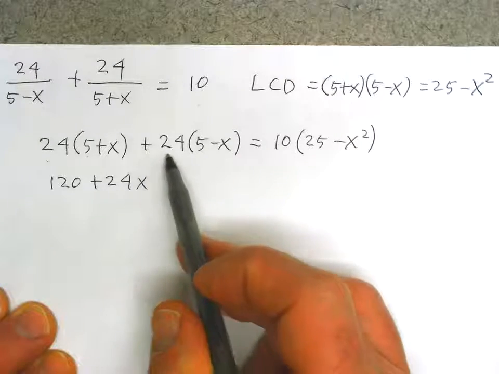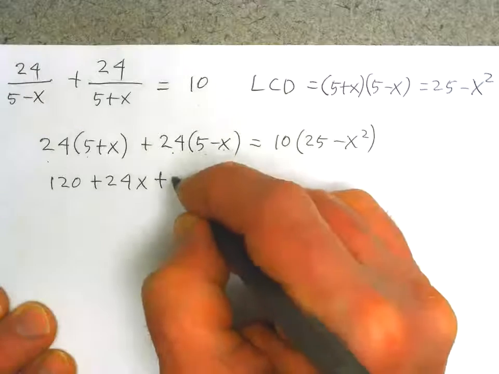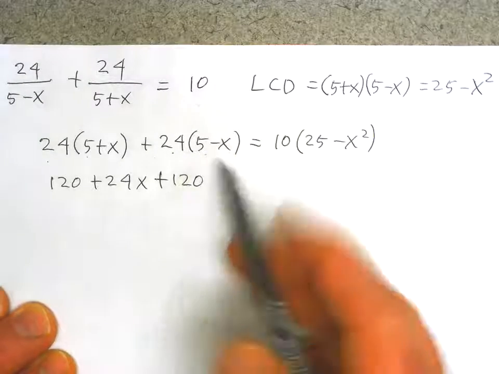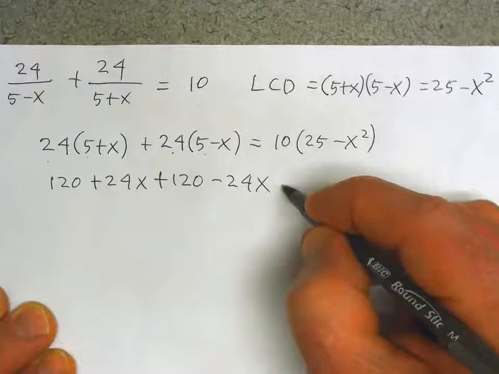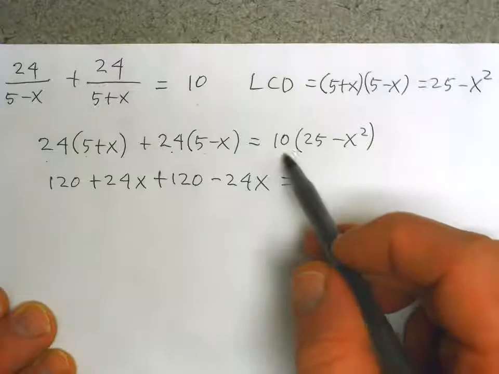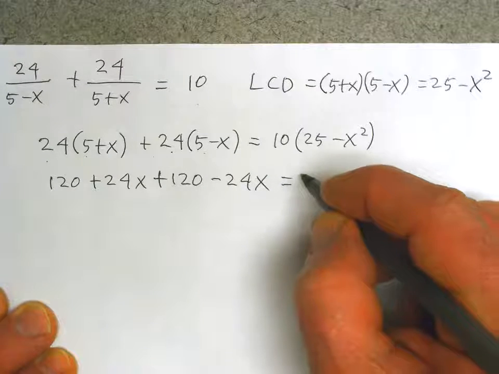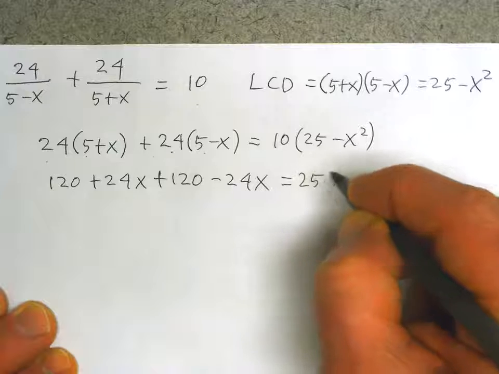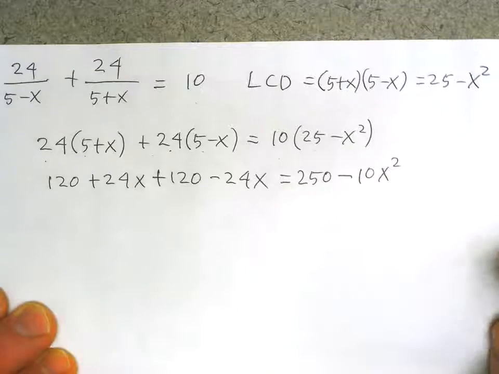And then we have plus 24 times 5, which is plus 120, and then minus 24x. And on the right-hand side, 10 times this quantity 25 minus x squared is 10 times 25, which is 250, and then minus 10 times x squared is minus 10x squared.